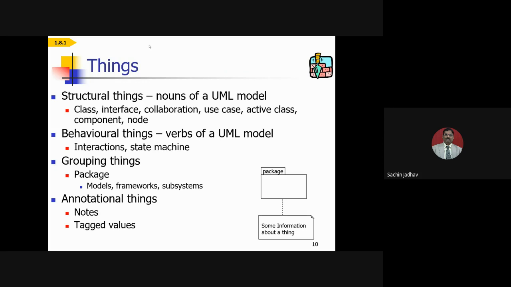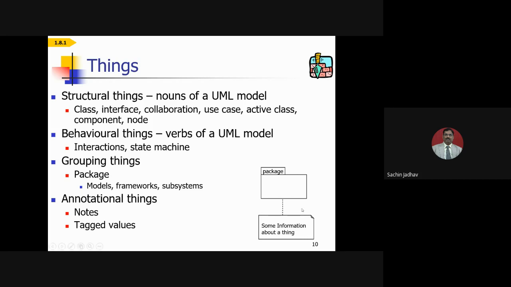There are annotational things as well. If you want to specify any concept of a package, or if you want to specify that this class is a boundary class, or this class is an interface class, how do you notify it? Either you can use notes, represented with the help of a dog-ear rectangle.